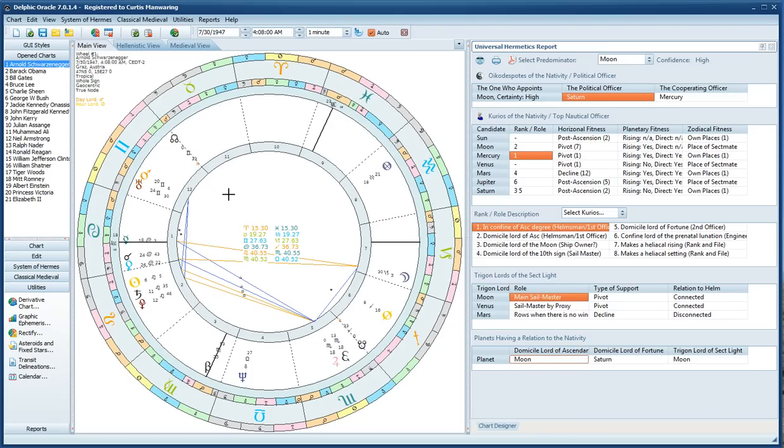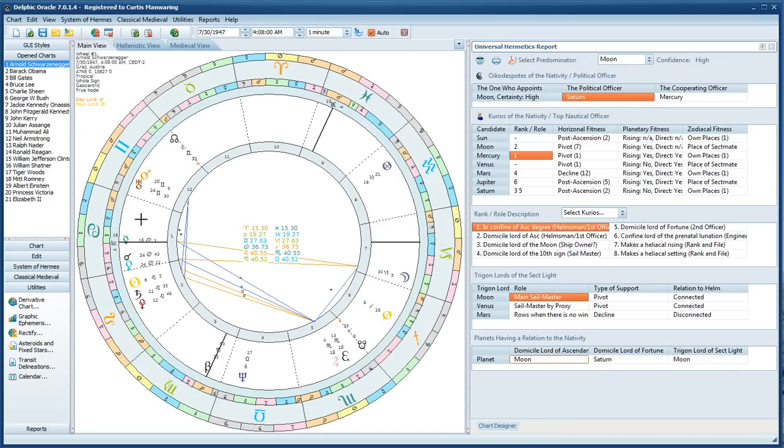Interestingly enough, visually, the bow rises and the stern sets. So the ascending sign is the place that rises, like the bow of the boat.